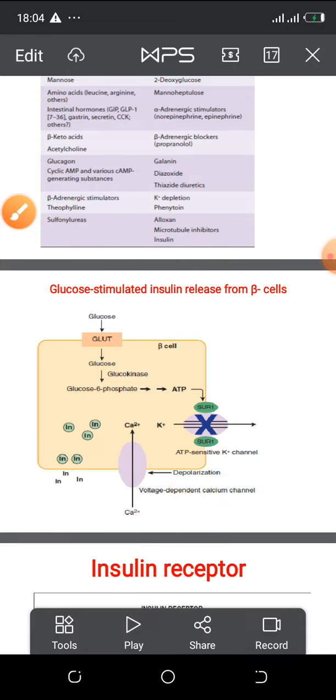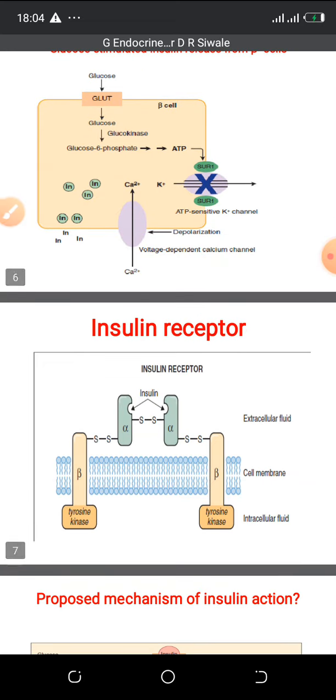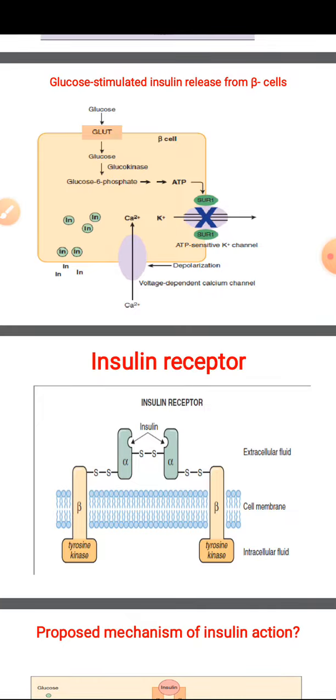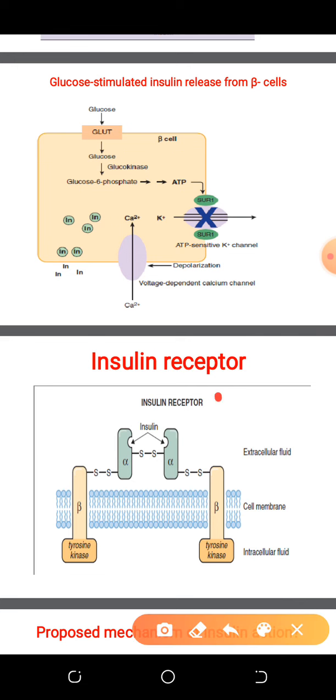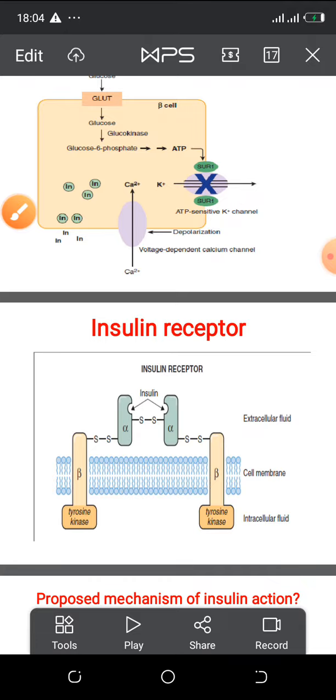Okay, and then we have this insulin receptor. This is the one we are calling the tyrosine kinase receptor. The insulin receptor is known as a tetramer, like 4. Why is it called a tetramer? It is composed of 2 alpha subunits, these ones, and 2 beta subunits.